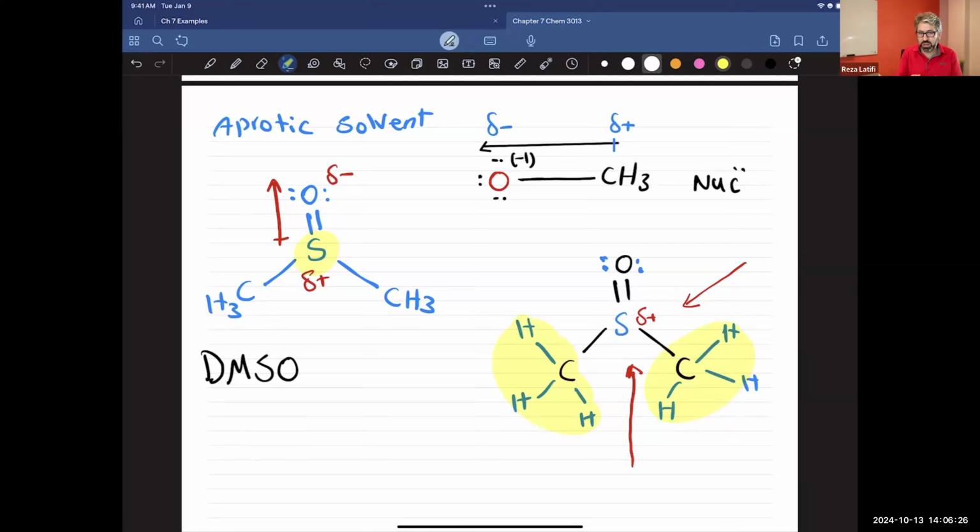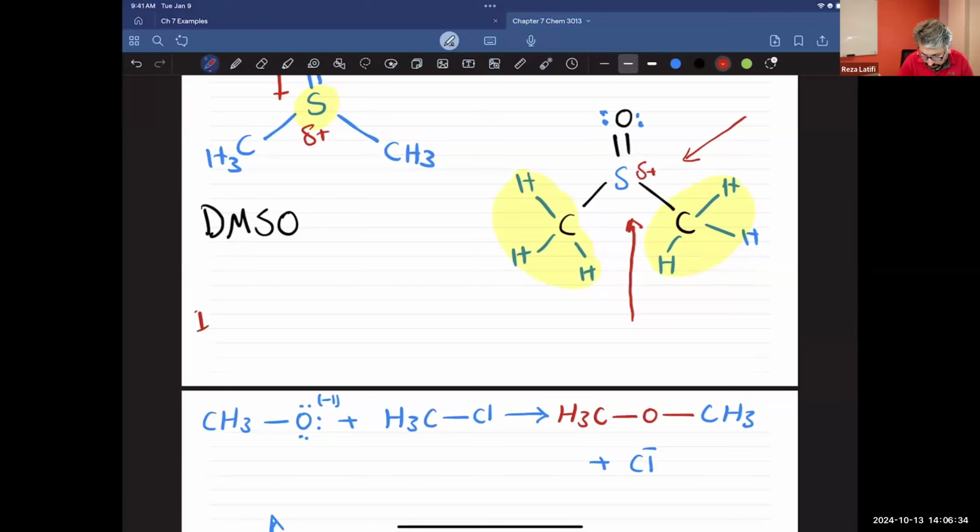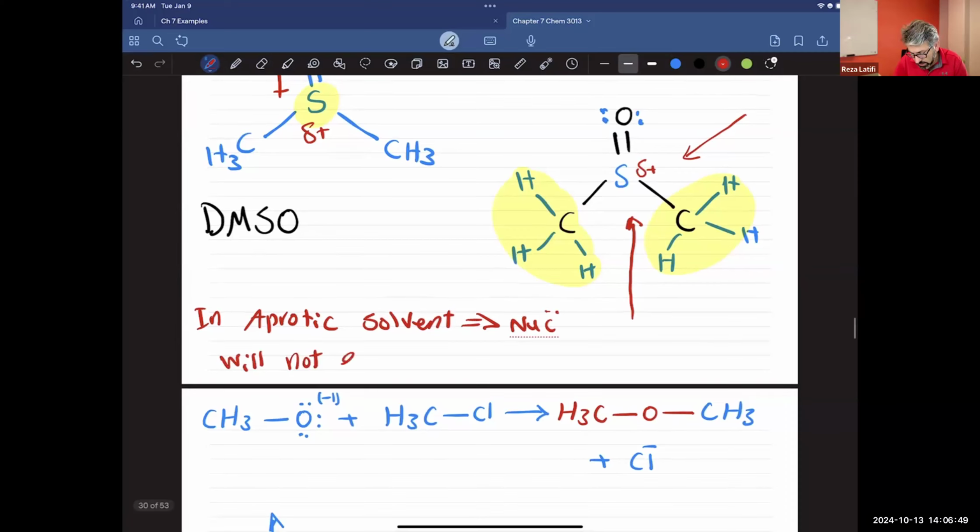So you can write this: in a protic solvent, the nucleophile will not get stable.